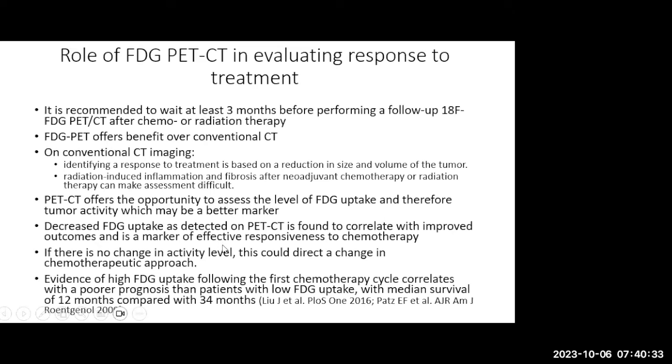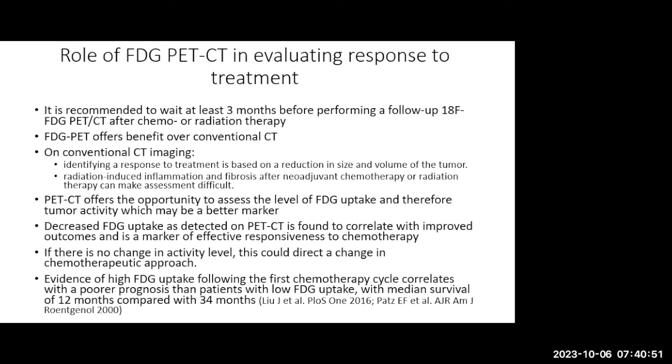anatomical imaging. If you have decreased uptake, that correlates very good with improved outcomes, and it is a marker of effective response to chemotherapy. If there is not change in the level of the activity, this could direct a change in the chemotherapeutic approach.